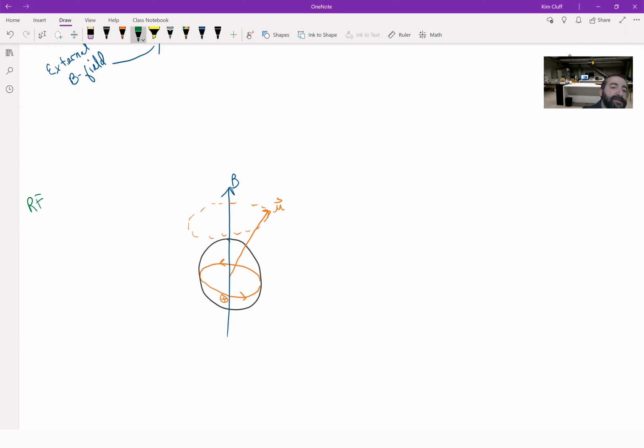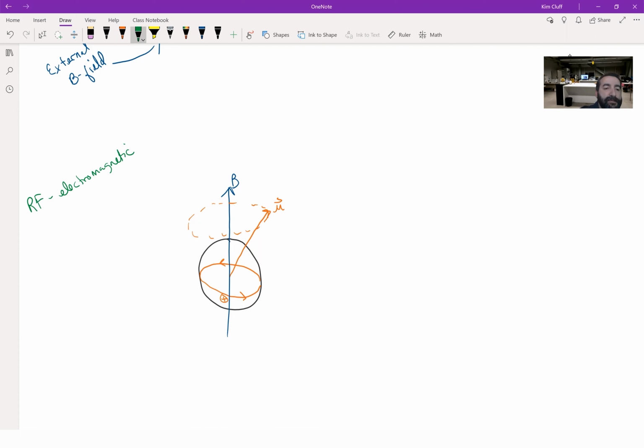Okay, so if you recall, RF, radio frequencies, are some electromagnetic radiation, right? Or it's light. It's light in the radio frequency part of the spectrum, which we can't see. But light is electromagnetic energy, okay? So what does that electromagnetic energy mean?